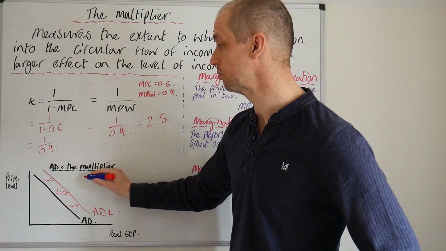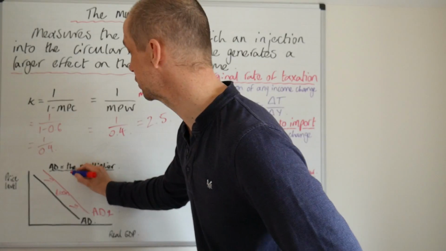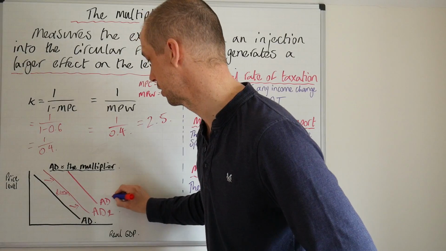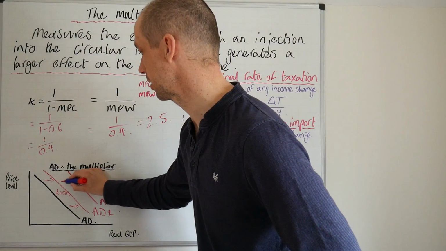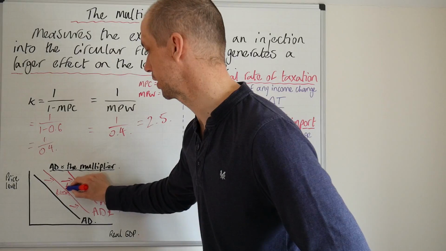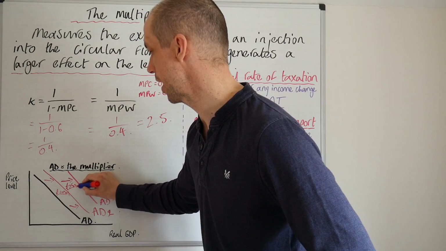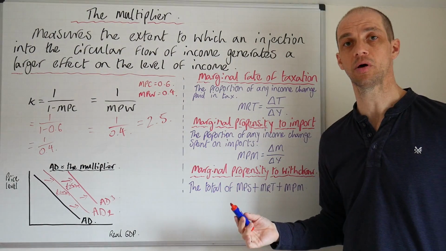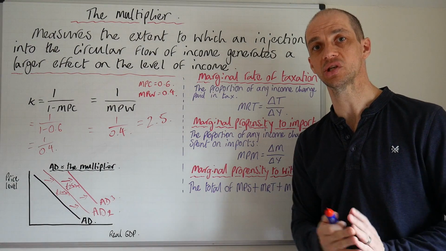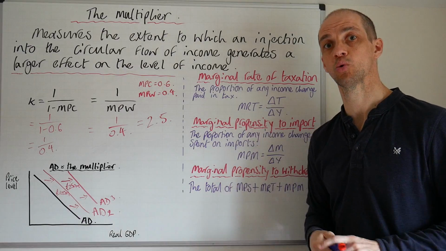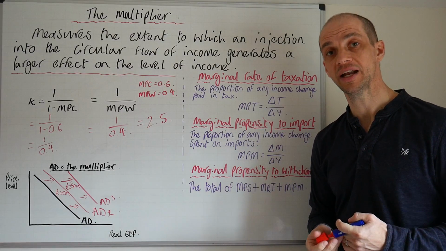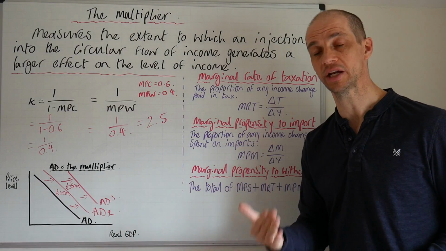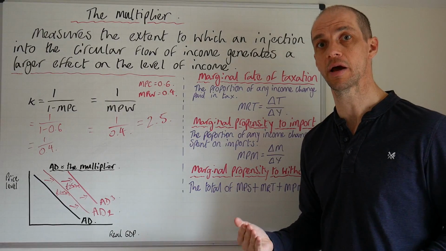But due to the multiplier effect, we would see an additional increase of 250 million, which we can see denoted there. So there's an additional increase due to the multiplier. Aggregate demand increases further than we first thought it would, and that is due to the multiplication effect of these injections throughout the circular flow of income.